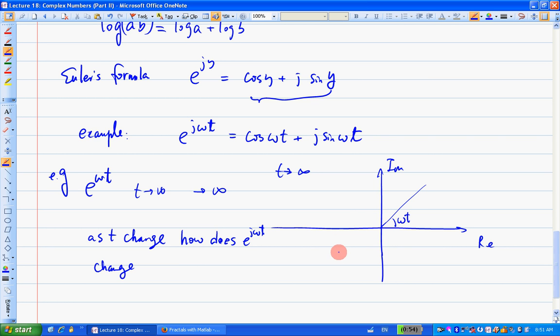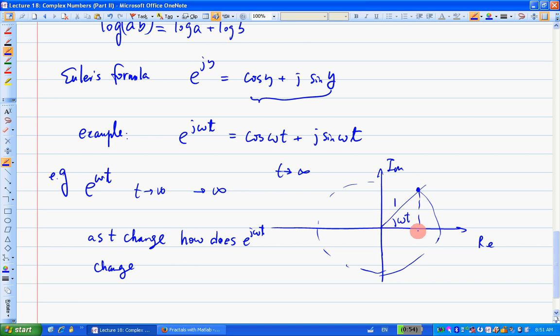So for cosine omega t, think of a unit circle with a radius of 1. At any point on that unit circle, what are the coordinates of this point?